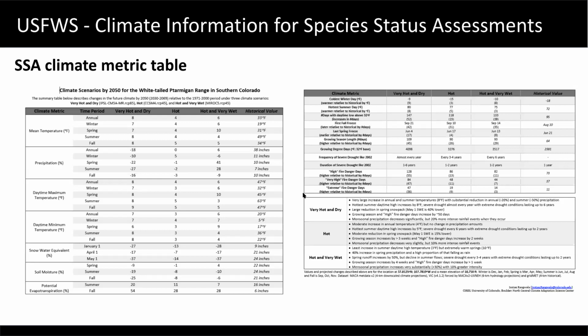The only other thing I would mention is that, a lot of times, as many people on this call know, we don't have a lot of specific information about the critter, whether that's thermal tolerance information or whatnot. But for the case of the ptarmigan, we did have some information on maximum thermal tolerance. So you can see one of the metrics on the right, the hottest summer day, was really an important one to know under those different GCMs, because we did have an upper thermal tolerance where the ptarmigan became stressed.